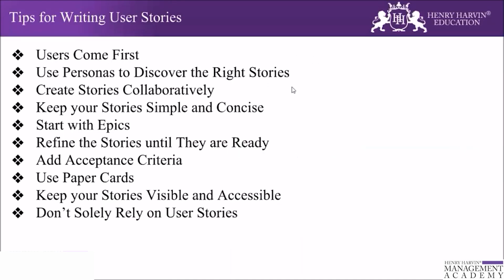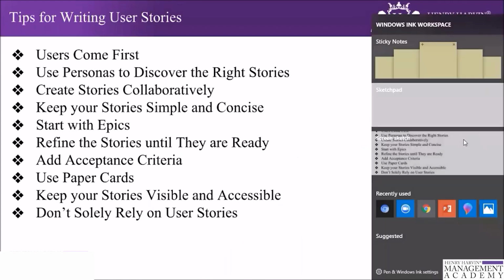If we go further, we can have a few tips to write the user story. But before that, let's cover a checklist, what a good user story checklist is. So the first one is keep them short.